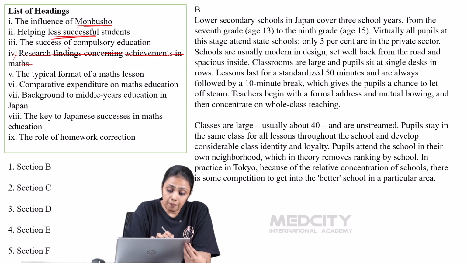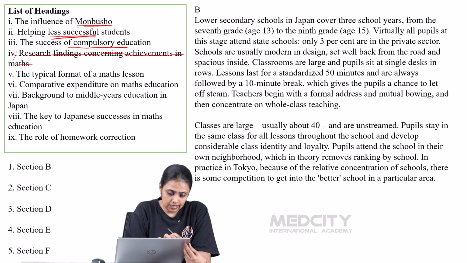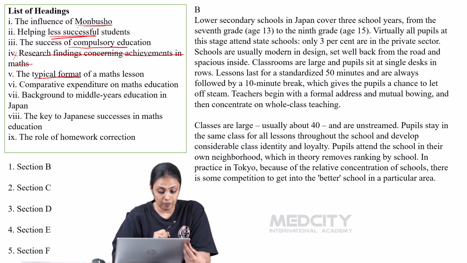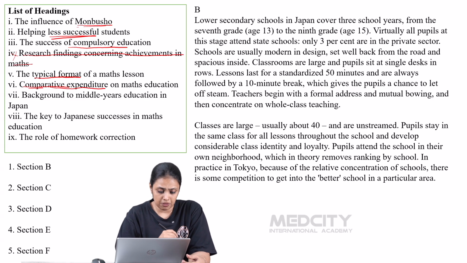Then the success of compulsory education. Anything about mandatory or compulsory education? This is completely out. Then the typical format of a maths lesson. How is the structure or format of a maths lesson? Comparative expenditure on maths education. Is the expenditure being compared anywhere? Any relative study on the expenditure?